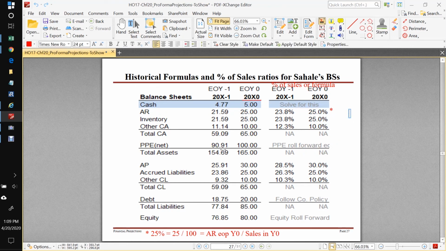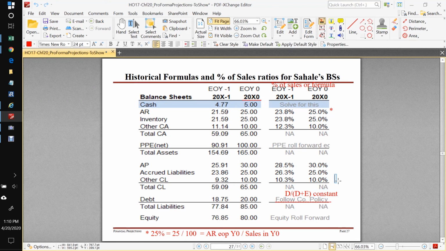And for PPE, that's part of our PPE roll forward equation. Accounts payable, no special accounting equation, no directive on accounts payable or accrued liabilities or other current assets. So I have my percent of sales for these here. And the debt here, we definitely do have something for debt. The company policy is to keep that D over D plus E constant.